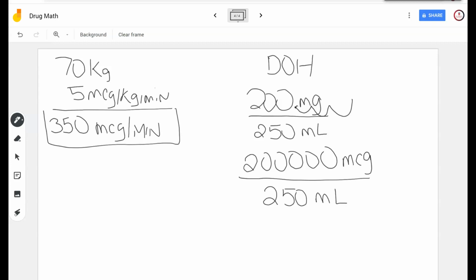Okay. Cancel out your extra zeros. And then you're going to divide. 25 goes into 20,000. Make sure you have all your zeros. Think of quarters, okay?